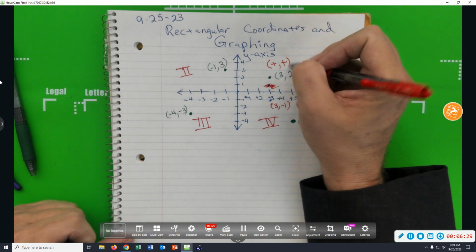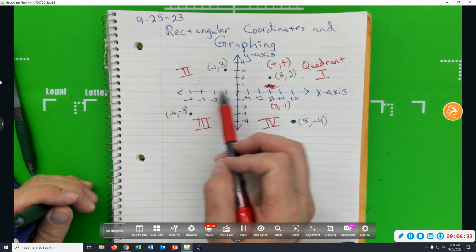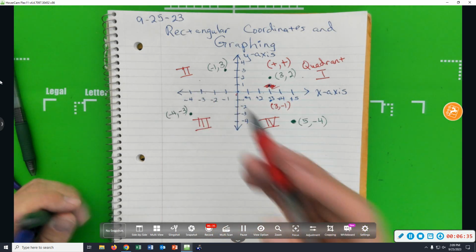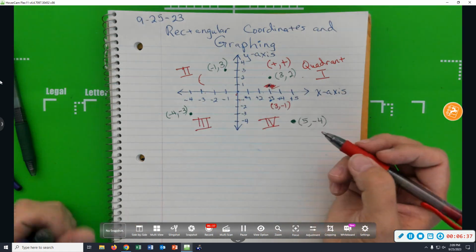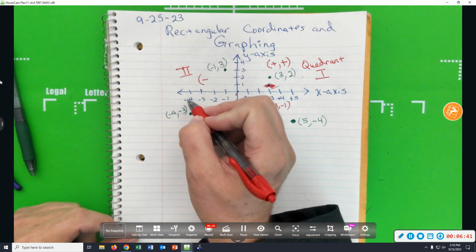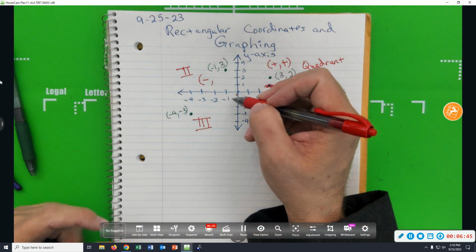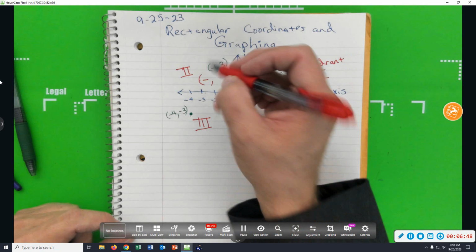Positive, I agree. Now for quadrant 2, you have to go left and then up. So with that in mind, the first coordinate will be negative. I agree. You're going to the left, the negative numbers. The y-coordinate, positive because you're going up.